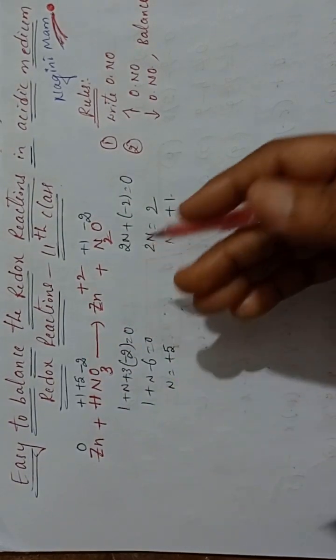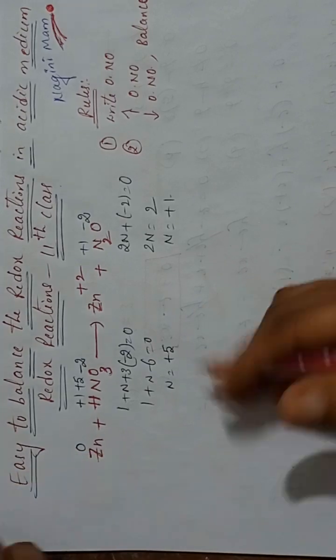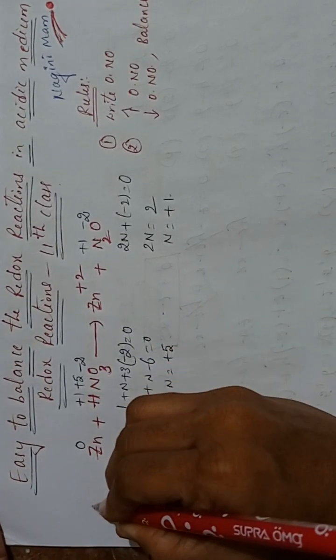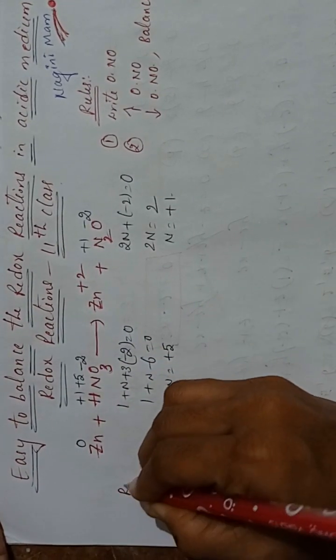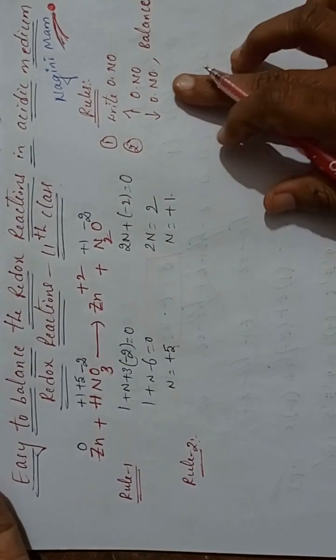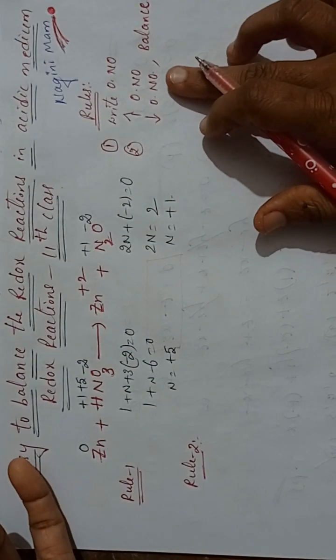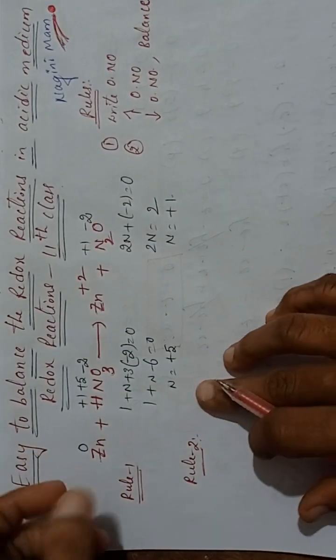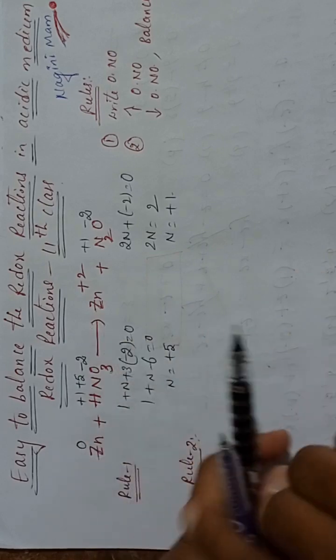That means the zinc oxidation number increases from 0 to plus 2. So rule 1, oxidation numbers, is completed. Next, rule 2, students: increase in the oxidation number, decrease in the oxidation number, and balance the equation. I am taking the Zn element.